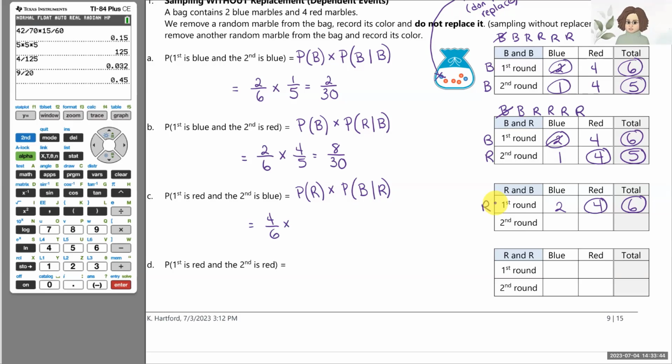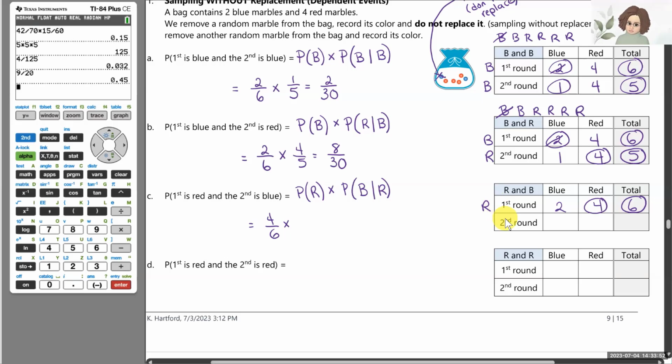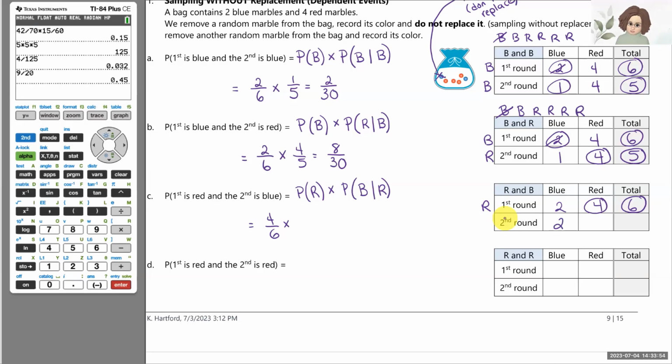And then we say, basically, you just pretend that just happened. You just picked up a red marble. You're hanging on to it. You don't put it back. So when I'm ready for my second round of picking, there's still 2 blue, but I took out a red one. So there's no longer 4 of them. We'd be down to 3 of them. And then no longer 6 marbles, we're down to 5.